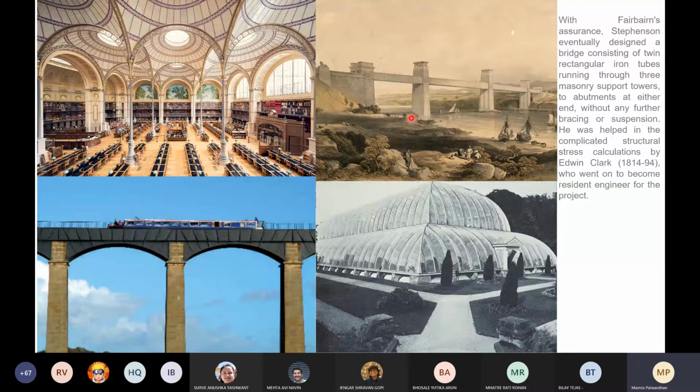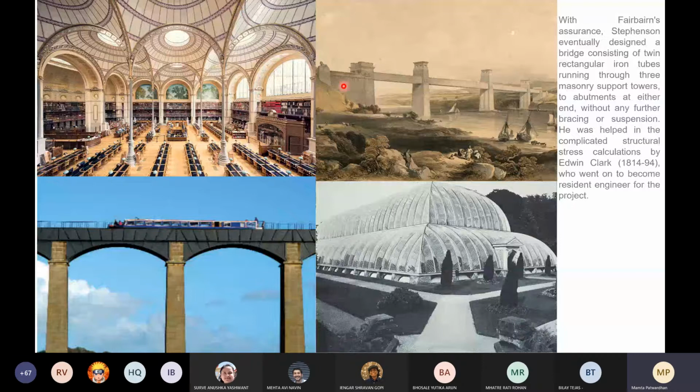Anyone recognize this bridge? I've not put the name here, I think. This is called the Tubular Bridge. You can write that down. And the architect is Francis Thompson. Now, what is so special about this tubular bridge is what I've written down here. This consists of twin rectangular iron tubes running through three masonry support towers.